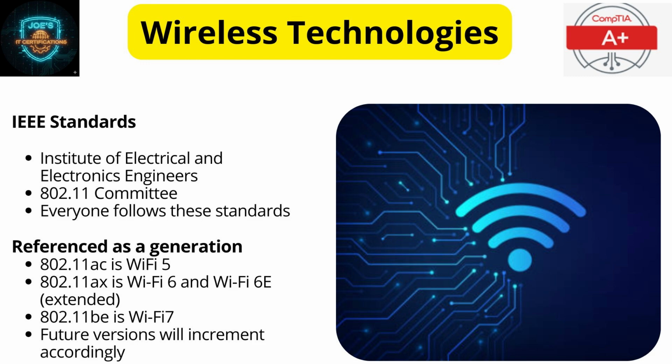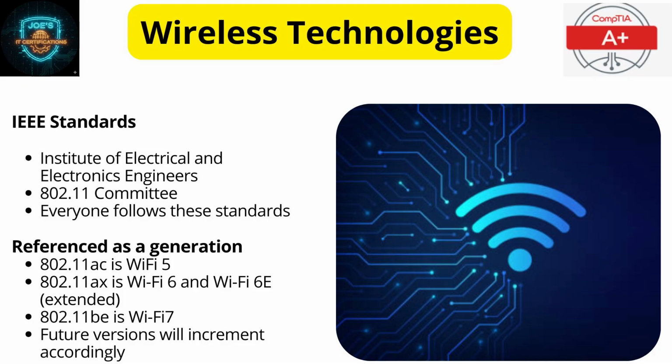However, the 802.11 committee realizes that using the 802.11 name, along with a series of letters to designate what version of the network it happens to be, might be confusing for some. So in order to make this a bit easier to follow, they've changed the naming convention so that the 802.11 AC standard is also called Wi-Fi 5.